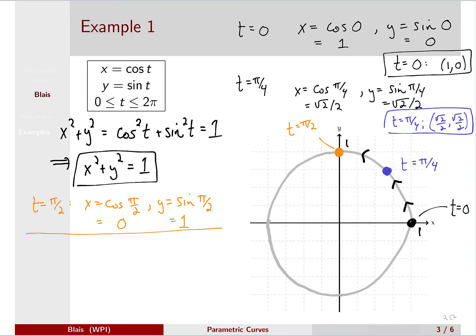So when t equals pi, we have x equals cosine of pi, y equals sine of pi, and we know that sine of pi is 0, cosine of pi is minus 1. So we get the point minus 1, 0.